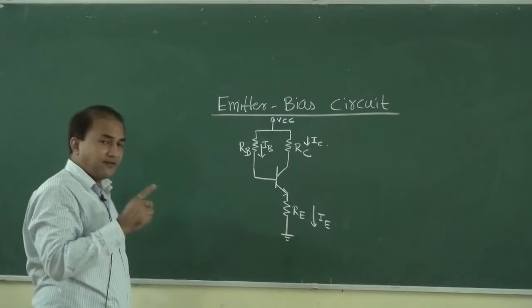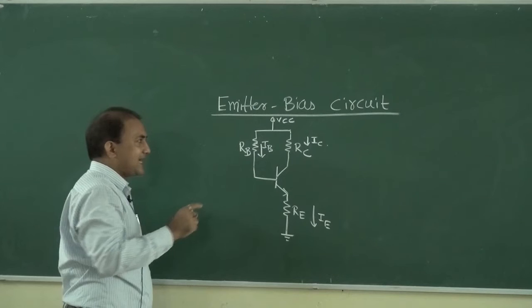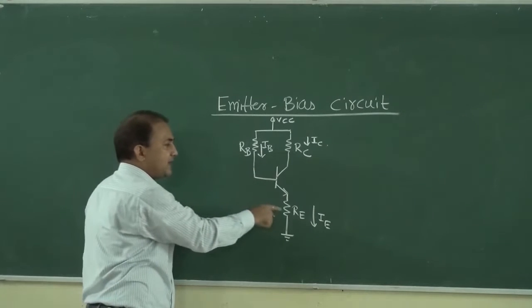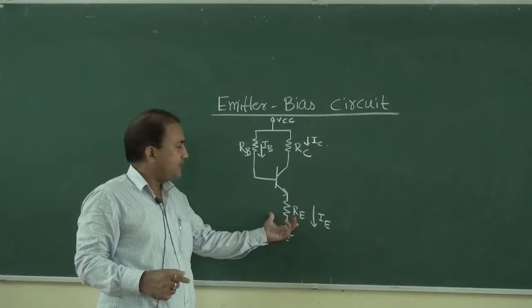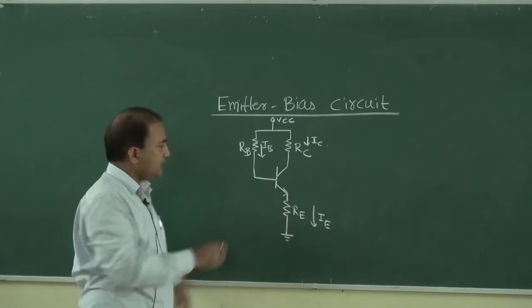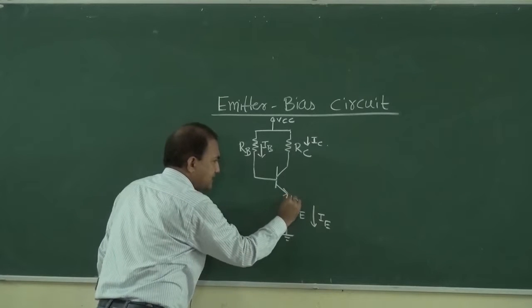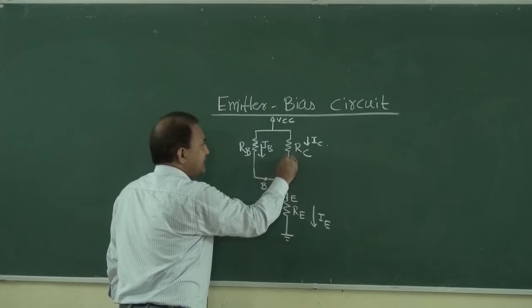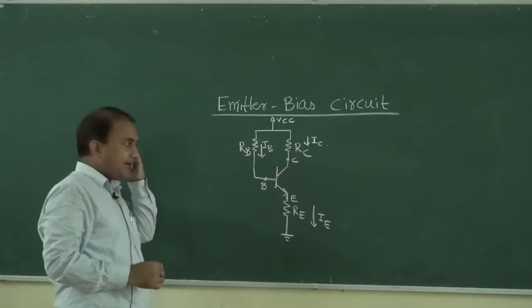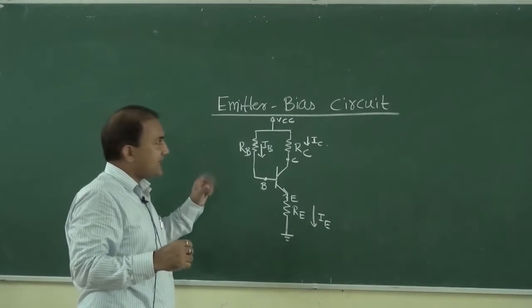So the difference between fixed bias circuit and emitter bias circuit is that in emitter bias circuit one extra resistor, that is RE, is connected here to the emitter. This is emitter terminal, this is base terminal, and this is collector terminal. Okay. So this is the circuit diagram of emitter bias circuit.